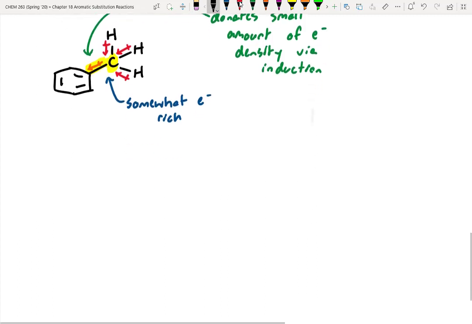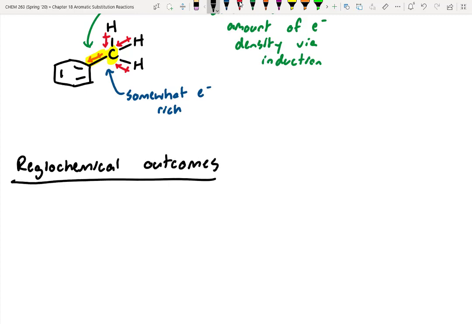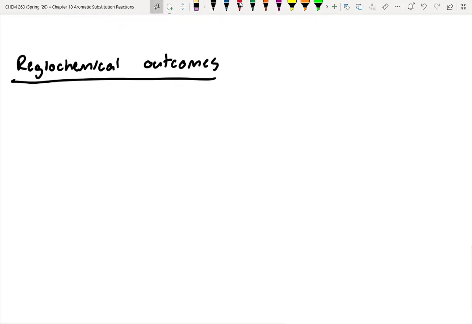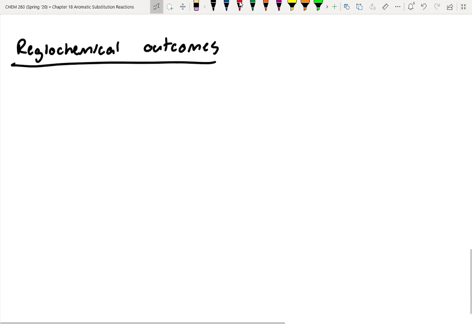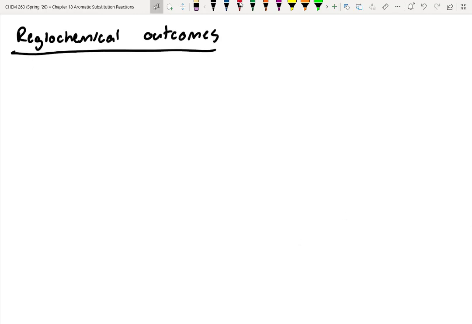All right, last but not least, I wanted to talk about regiochemistry. We already talked about all of these, where they stabilize the transition state where we're breaking the aromatic ring, and they stabilize the intermediate that results, but we haven't talked about regiochemistry.